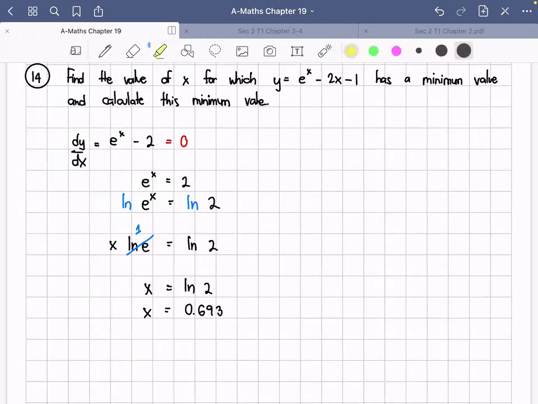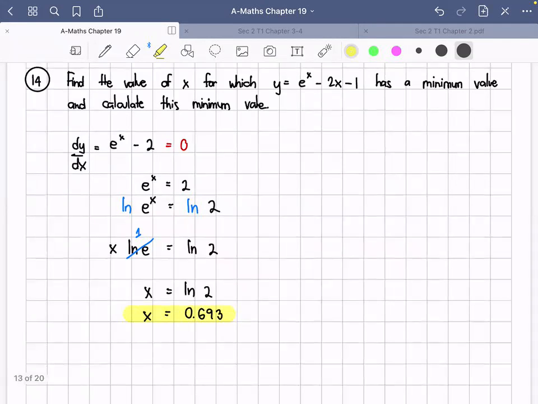Okay, so that's your x value. Do you have any question, Sec 4 class? All right, so if this is our x value, what is the minimum value?